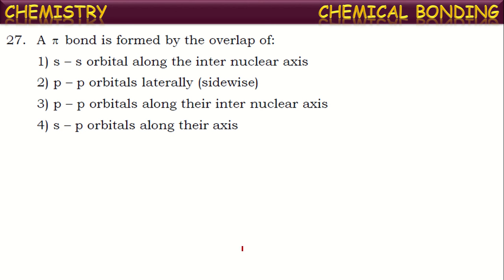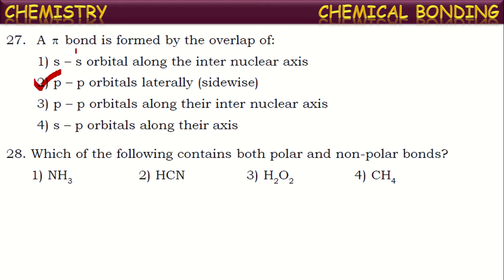Generally p orbitals participate in pi bond formation. So when p-p orbitals overlap laterally, that is sidewise, they result in the formation of a pi bond.